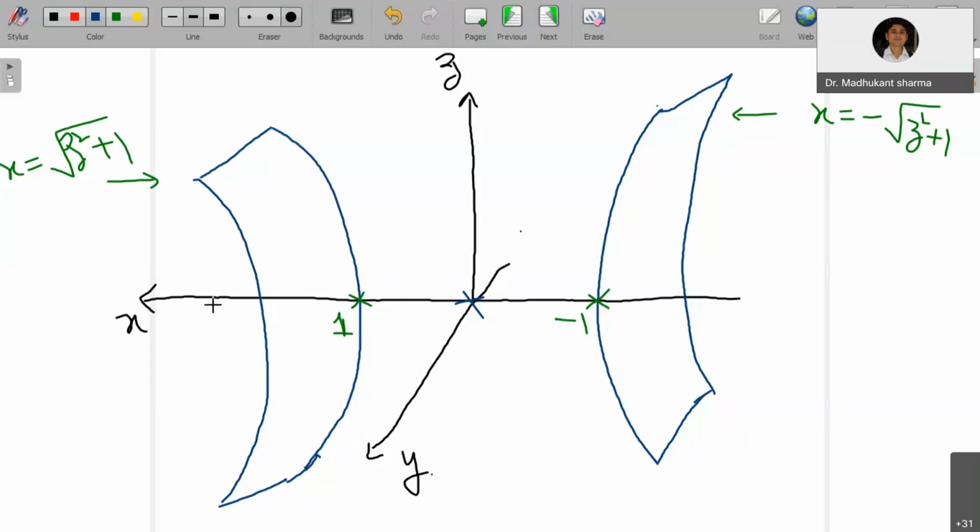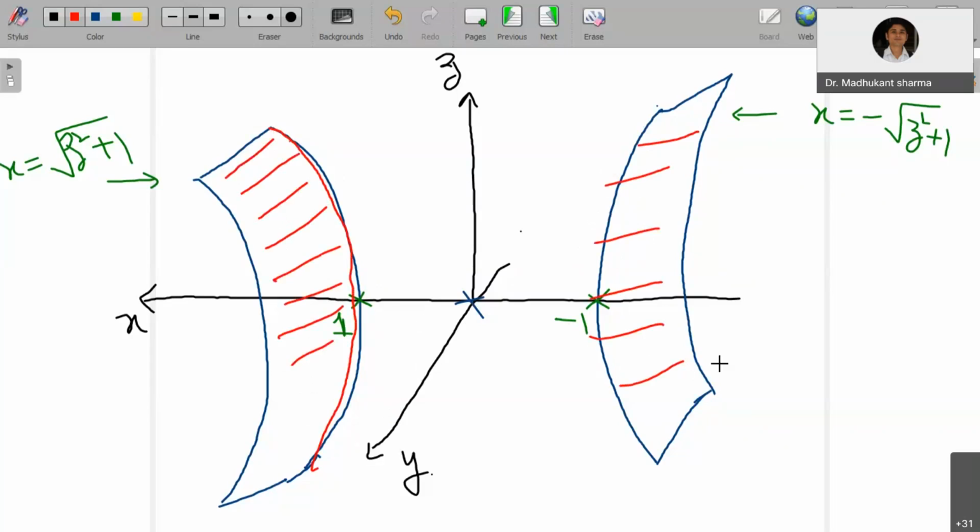So this is a hyperbolic curve, x equals the square root of z squared plus 1, and then stretch it along the y direction. So this will generate the hyperbolic cylinder.